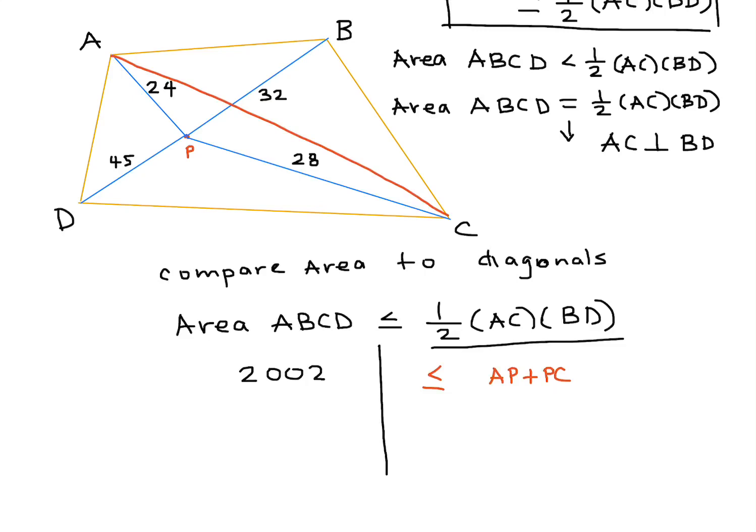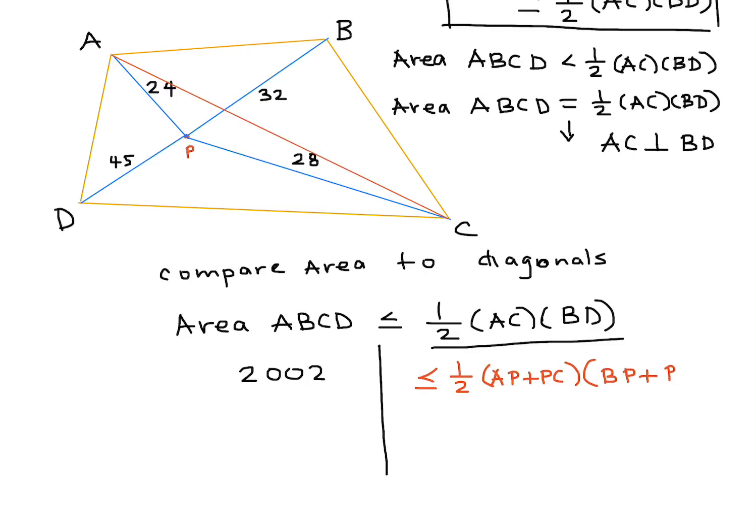I hope you're convinced of that. AC has got to be less than or equal to that. It could be equal, but it definitely can also be less than, because AC is the shortest distance. And in a very similar way, the diagonal BD is going to be less than or equal to BP plus PD.